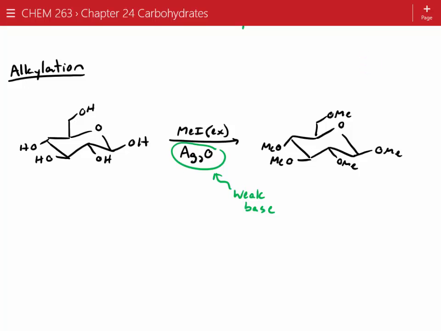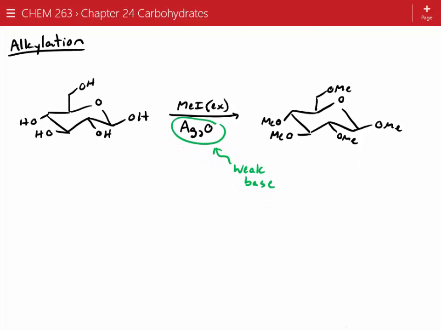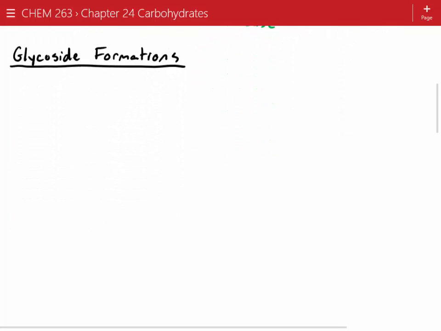All right, now the kind of tricky derivative. And these are called glycosides. So in this example, what we're going to do is use D-glucose again.